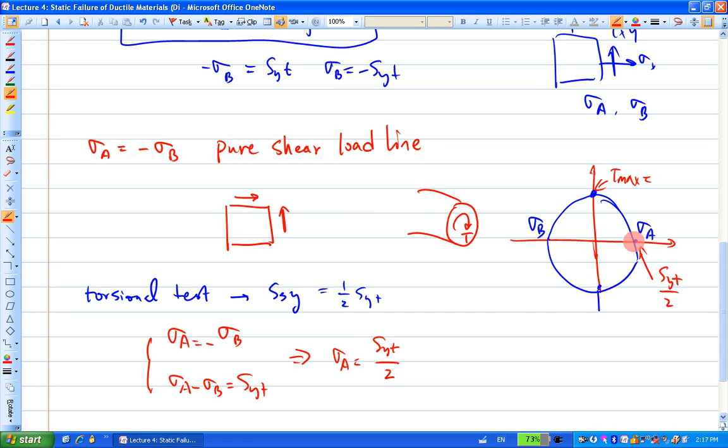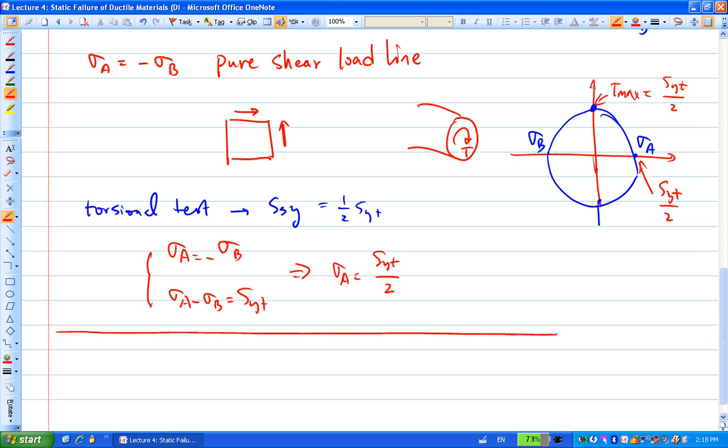Tau max is the same magnitude as sigma A, which basically means tau max is SYT over 2, right? That's exactly what this MSS theory has been telling us here. So that pure shear load line is a special case.